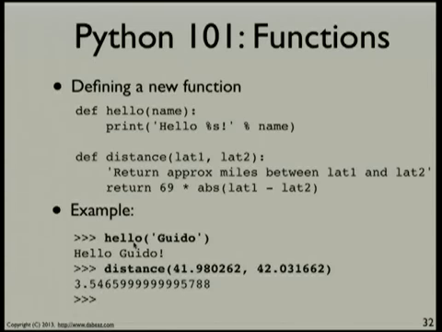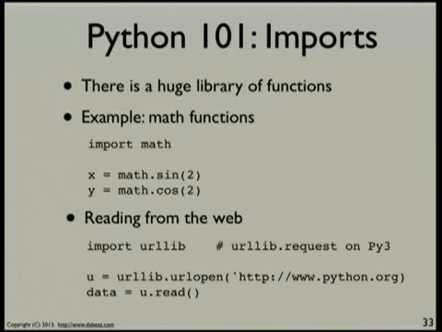Believe it or not, this is about the only thing I'm going to say about functions in this class. It turns out that functions, for the most part, are quite uninteresting in Python because they work normally. They behave in a sane way, in that there are local variables that are hidden, and the naming works and all this stuff. You just don't worry about them a whole lot. But this is how you define a new function, with the def statement.